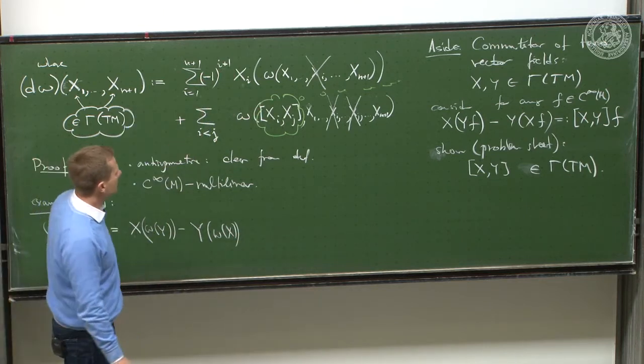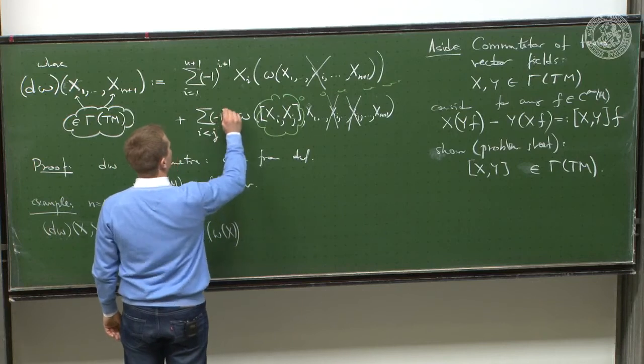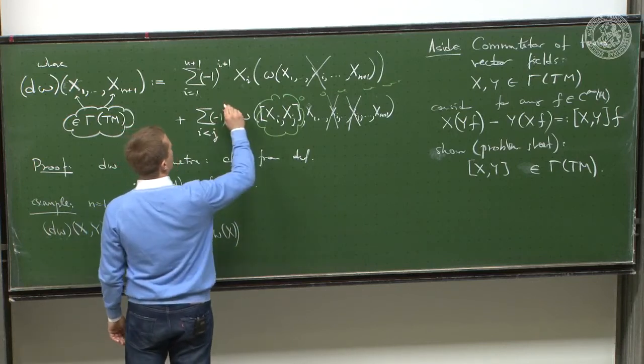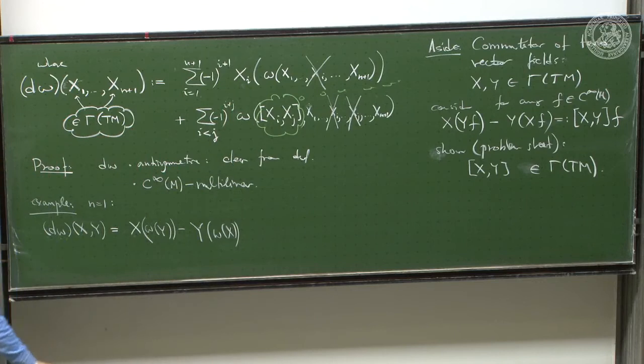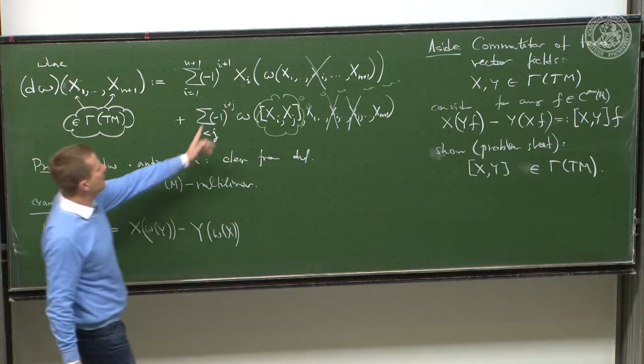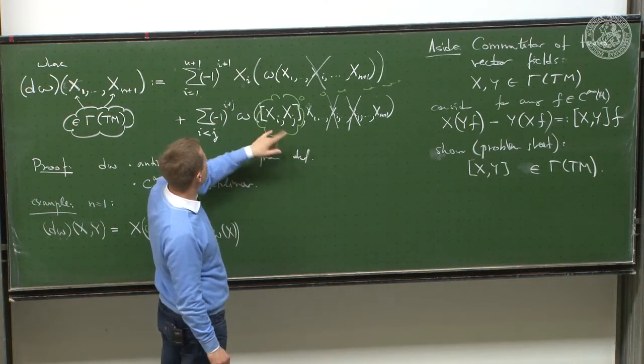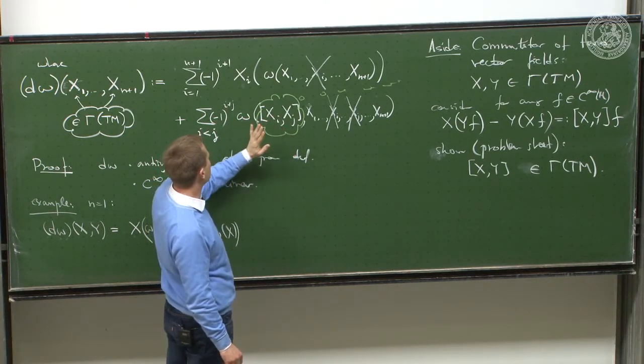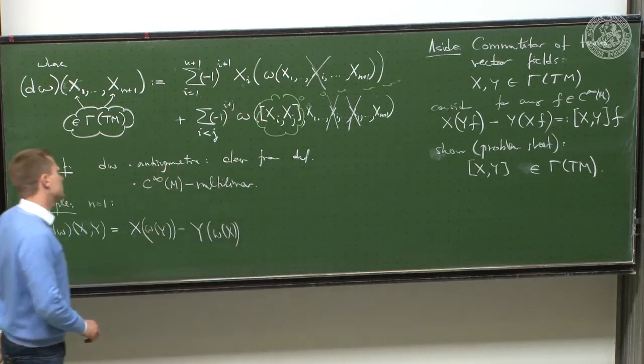And then over here, no, I forgot something. Here I need minus 1 to the i plus j. I'm sorry. So there's also a sign here, and it takes the i plus j. I claimed before that antisymmetry is taken care of by the commutator. That's not true. You need this additional sign.